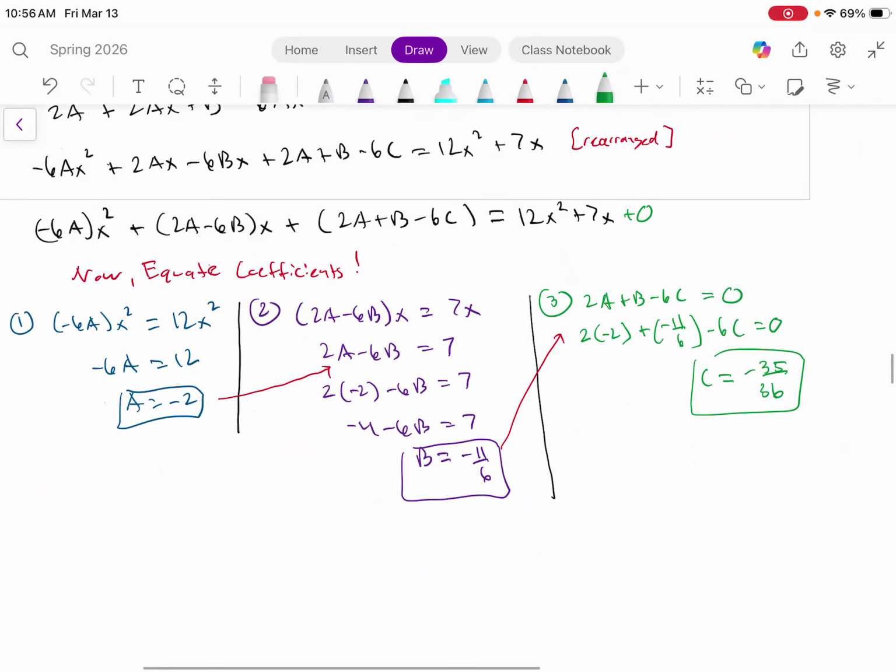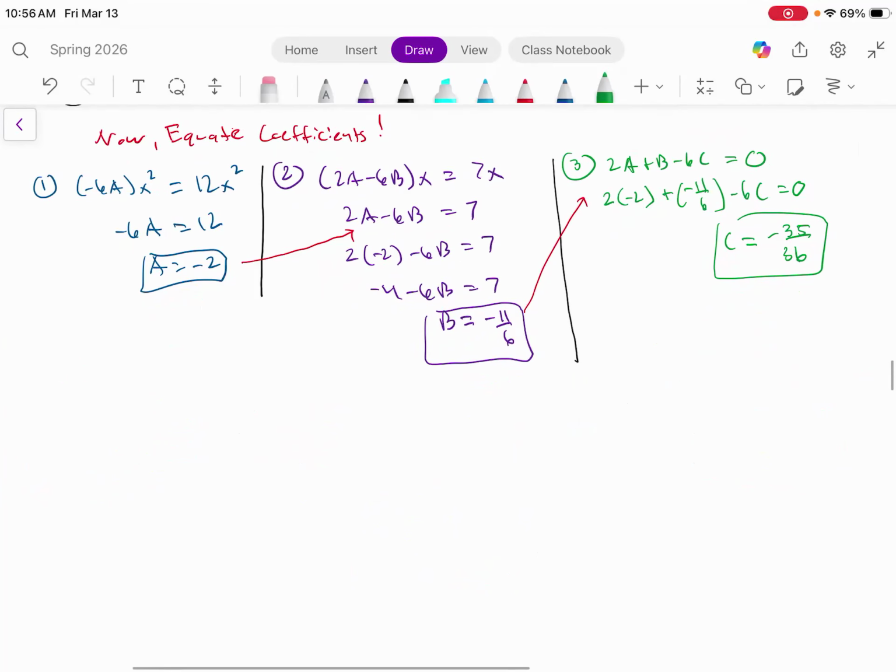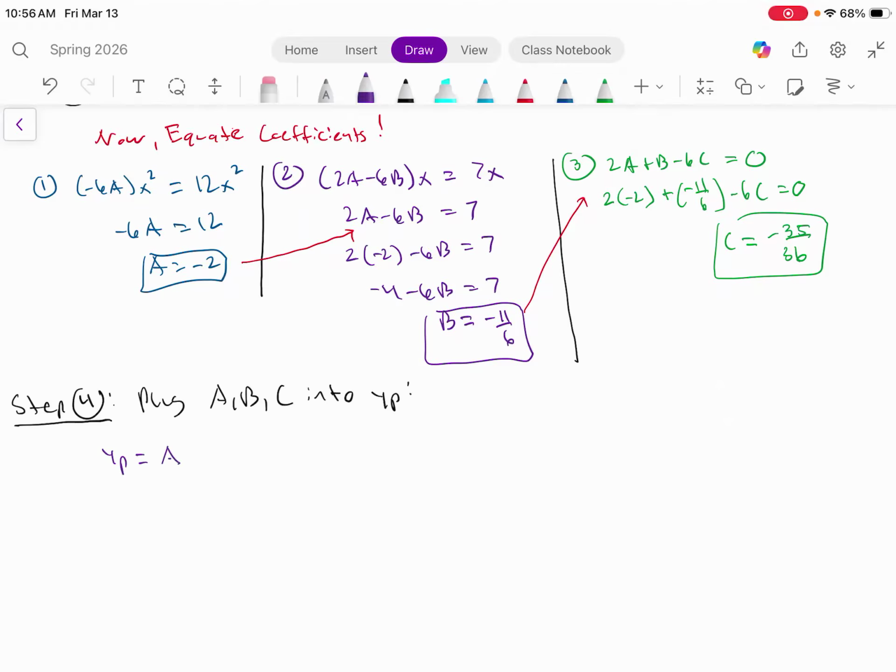So let's call this step 4. Step 4, plug a, b, and c into our particular solution. So our particular solution that we started out with was just ax squared plus bx plus c.